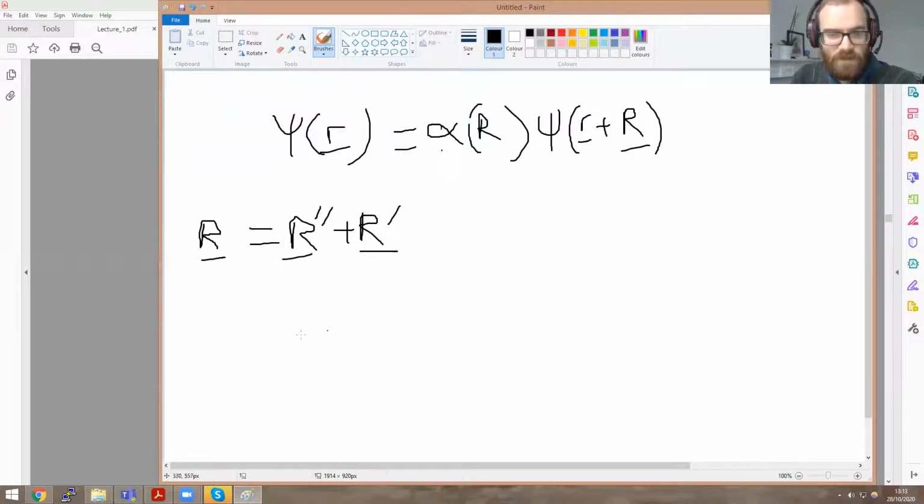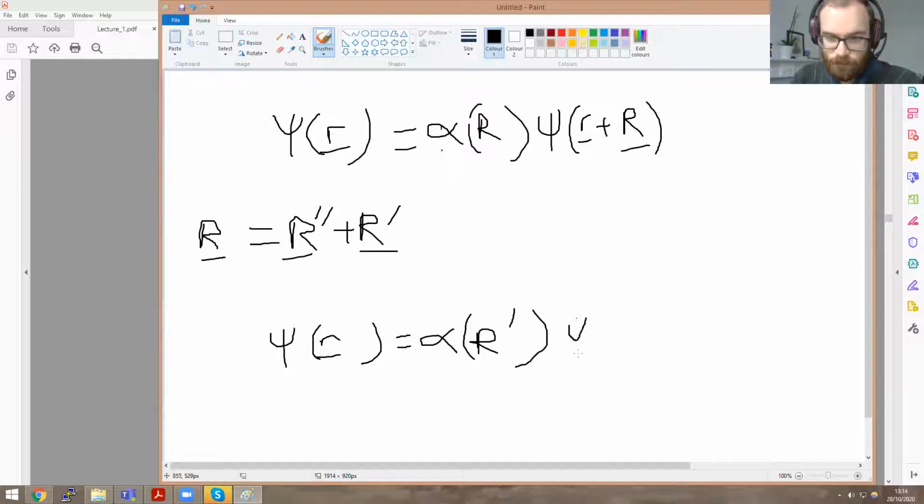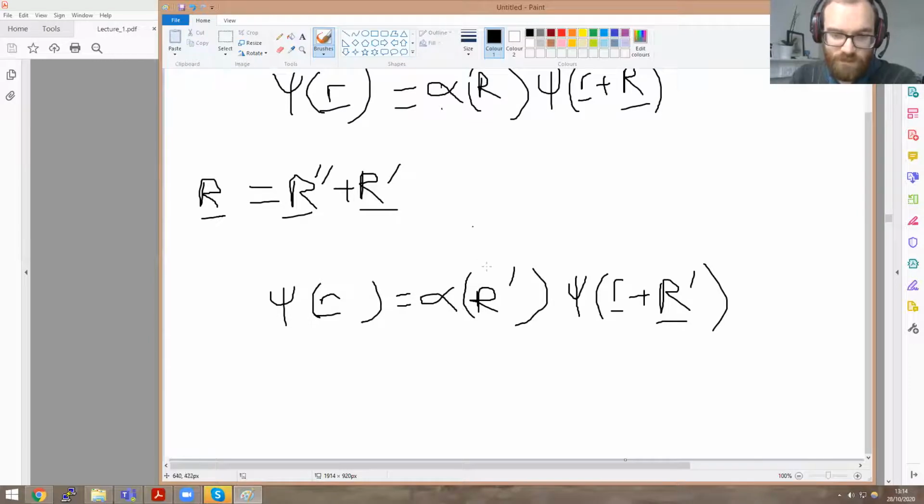So if I was to take this expression and add this R double prime to it, I'd get a result that looks like this. We'd introduce one of these multiples, but then if I add the second one, you would just repeat the procedure.